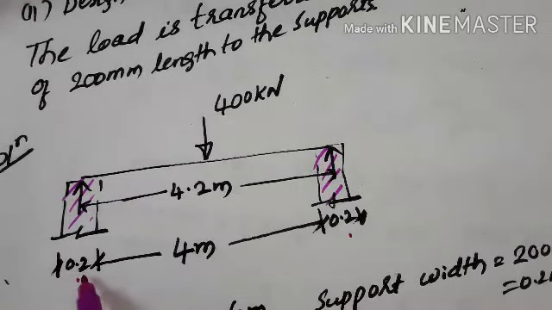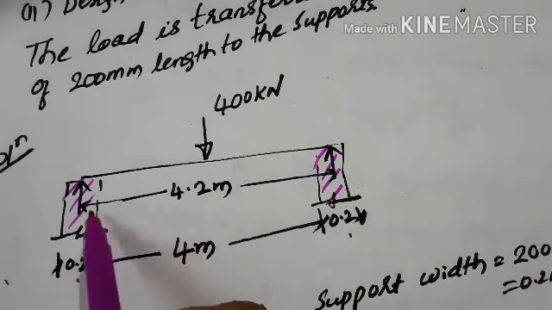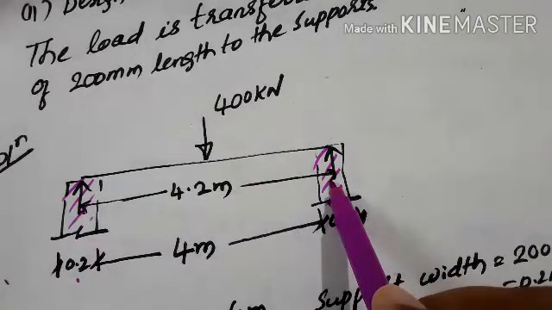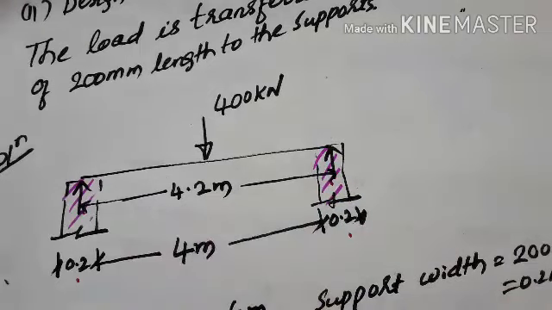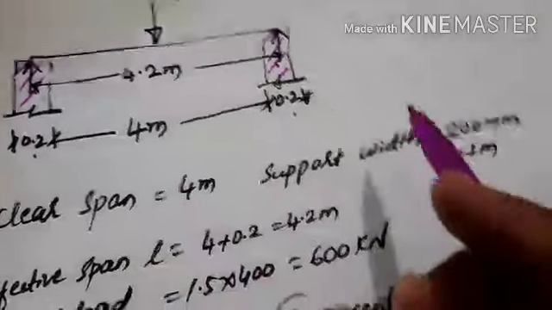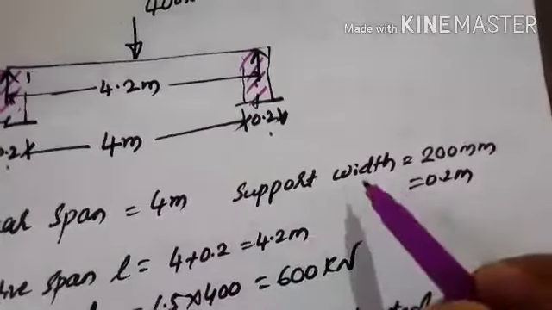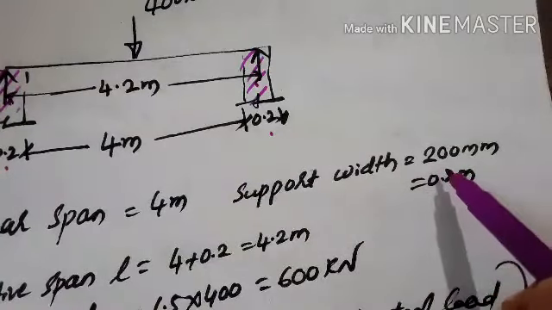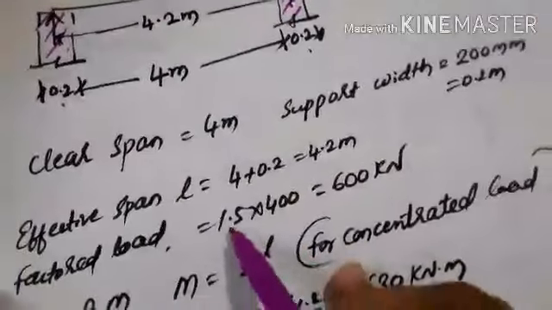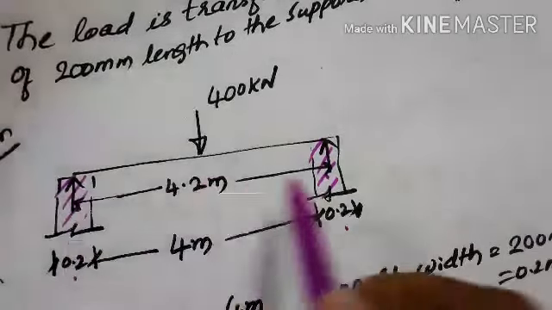Then the effective span of the beam will become from the center to center of the support, that is 4.2 meter. Here the clear span is given 4 meter and the support width 200 millimeter is given in the problem. Then the effective span will become 4 plus 0.2, 4.2 meter. So this one from the center to center 4.2 meter.